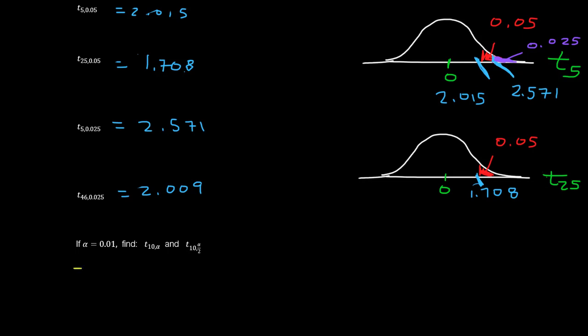This is saying to find the t-value from 10 degrees of freedom with 0.01 in the right tail, and this other t-value, still from 10 degrees of freedom, but look, it says take alpha and chop it in half. So that's 0.005. So we need to go to the t-table, 10 degrees of freedom, and look up 0.01 and 0.005.